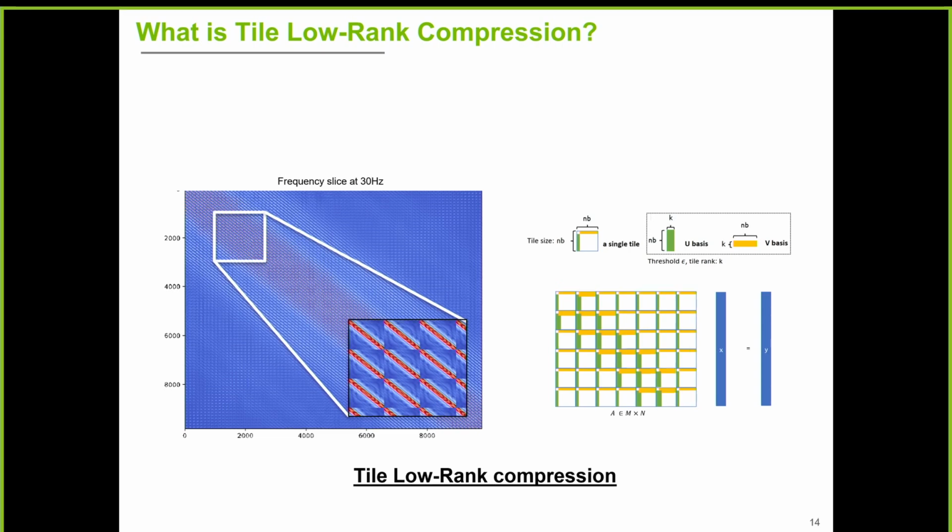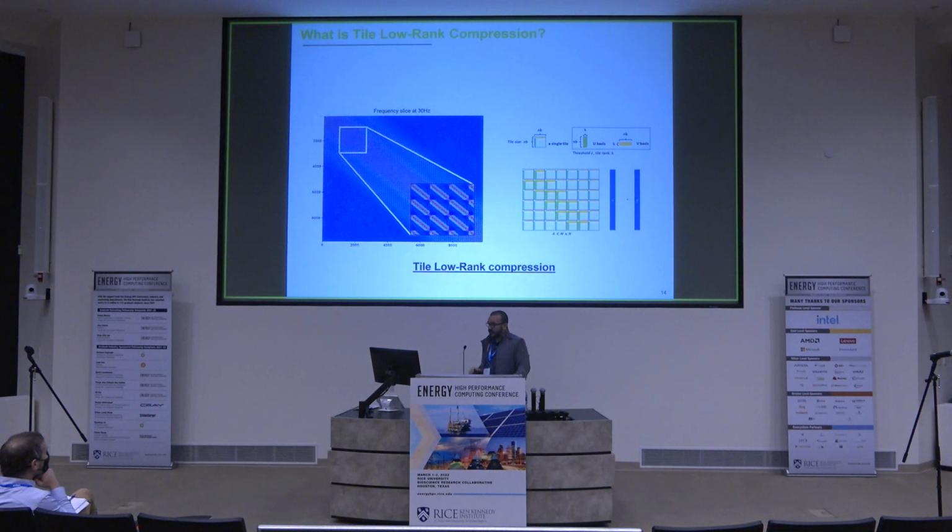So what we do is very simple. We take each of those blocks and compress. We apply an SVD-like algorithm to retain only the most significant information from the spectrum of the matrix. So that's the matrix on the right side. Each of those tiles, or sub-matrices, is then characterized by two bases, what we call U and V bases.